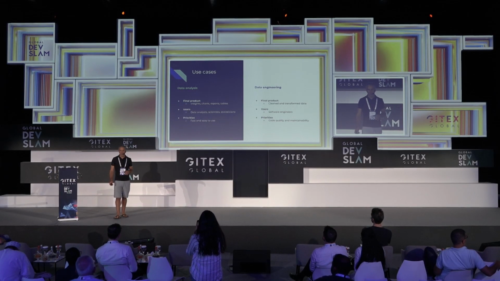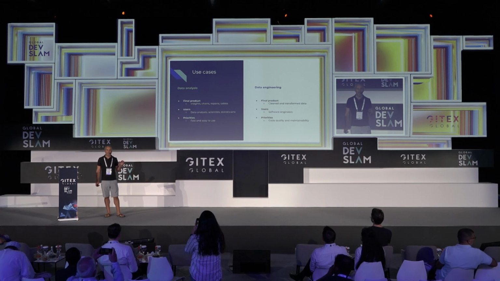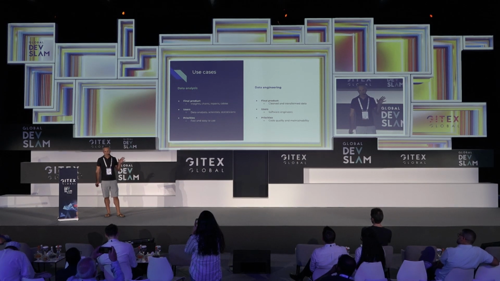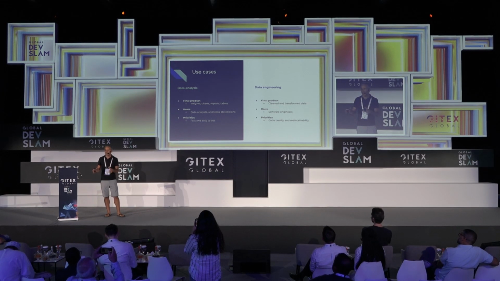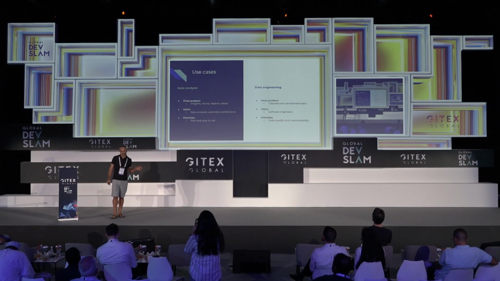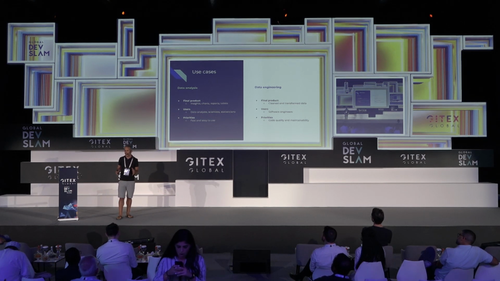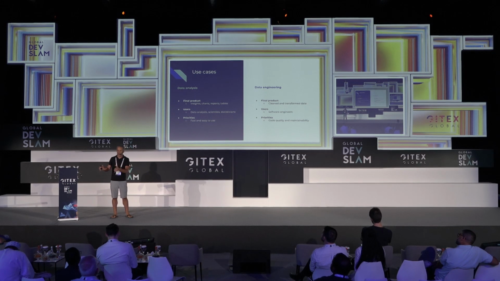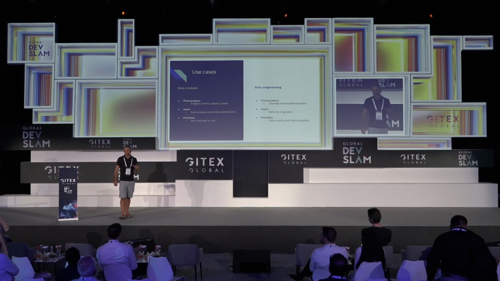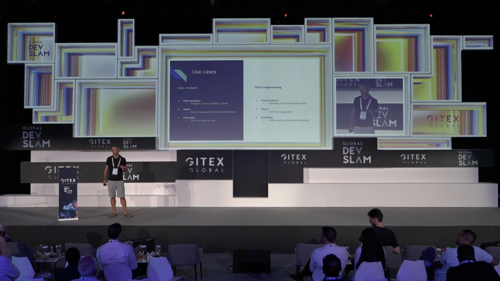To be a bit more formal on that, I would say if your outcome is the insights, the charts, the ideas, understanding your data better, you are probably more on the data analysis side. If your final product is the production code and the transformed data, that probably is going to also be the input for your data analysis later, that's going to be a different kind of task. The users also are pretty different, and I think that's important.